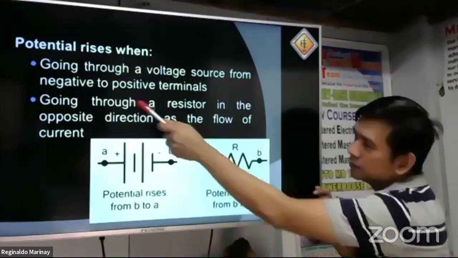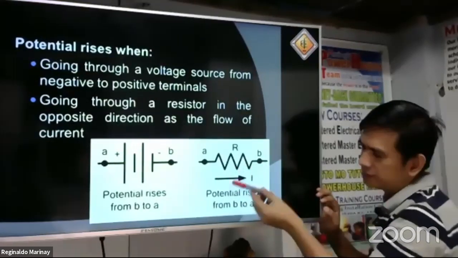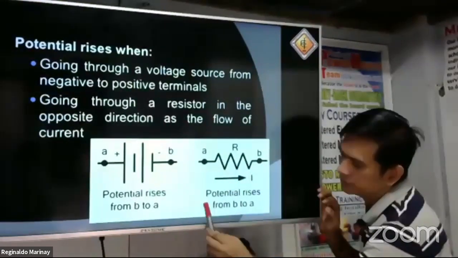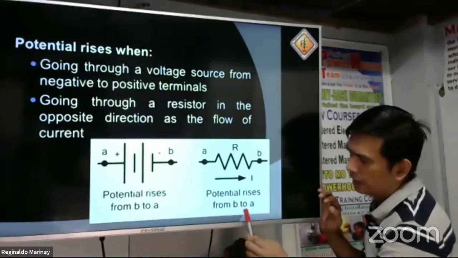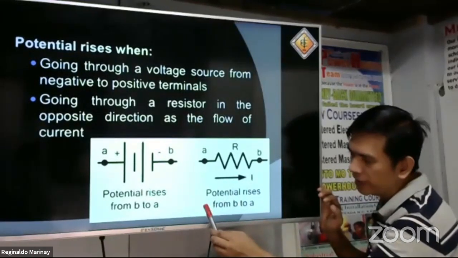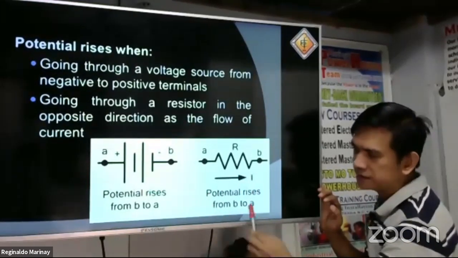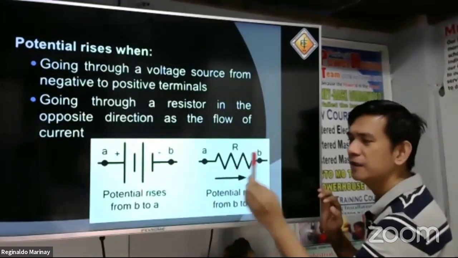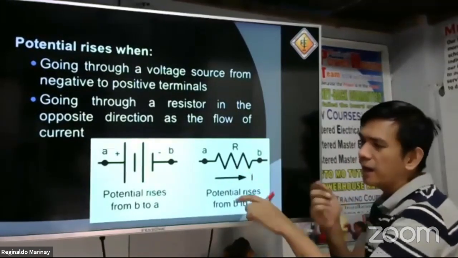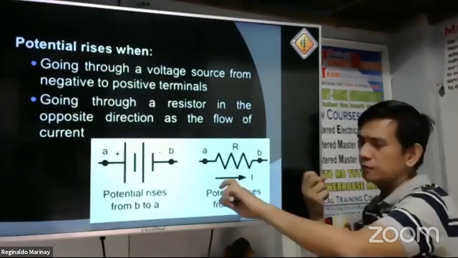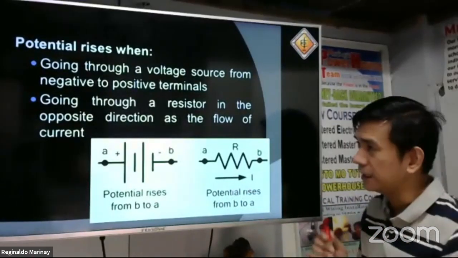It says here, going through a resistor in the opposite direction, if the circuit tracing, there is an assumed circulating current to a certain loop. If the circuit tracing is going to the left and your assumed current is going to the right, they are in opposite direction, so therefore it is a potential rise. It is a potential rise.